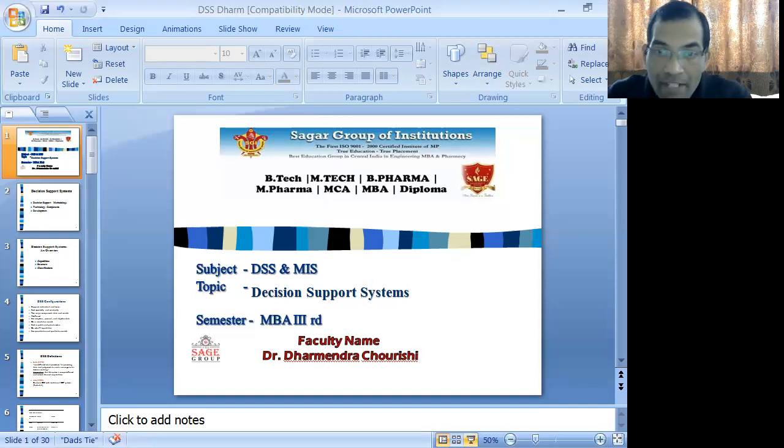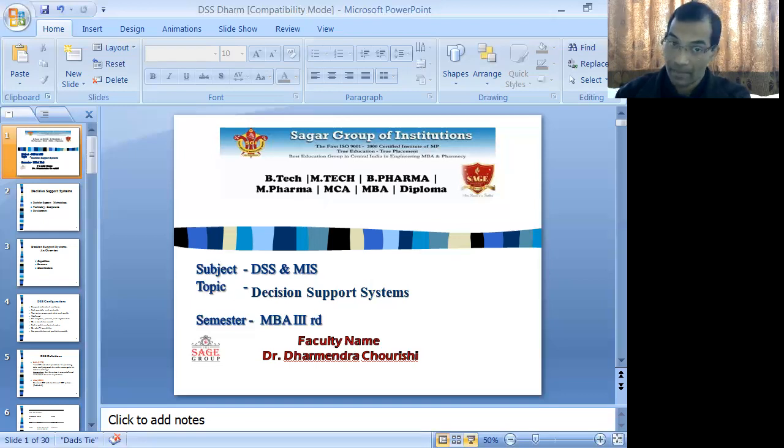It supports various managerial levels, individual or group support, interdependent, different phases, a variety of information, a variety of decision making processes. You can use DSS.